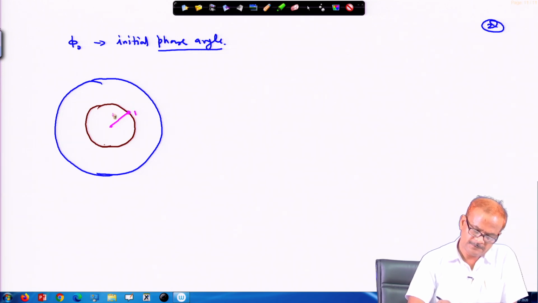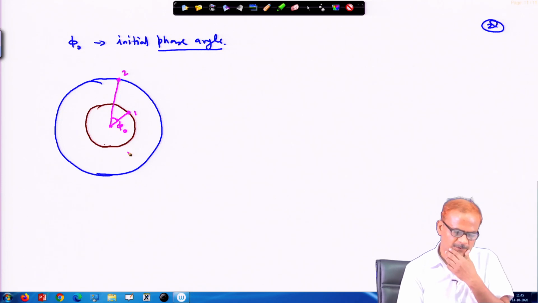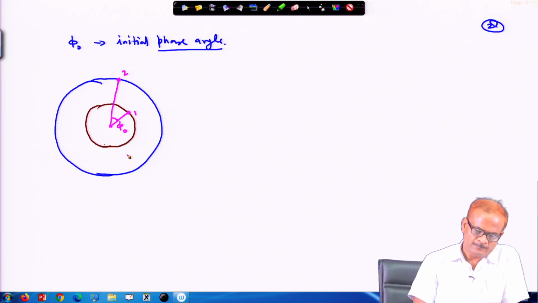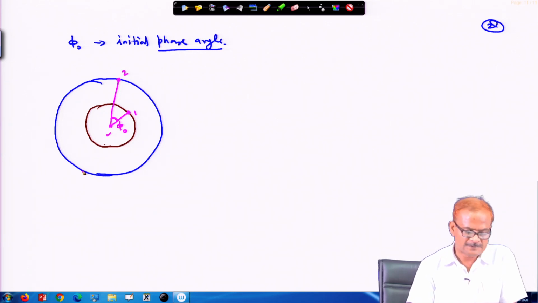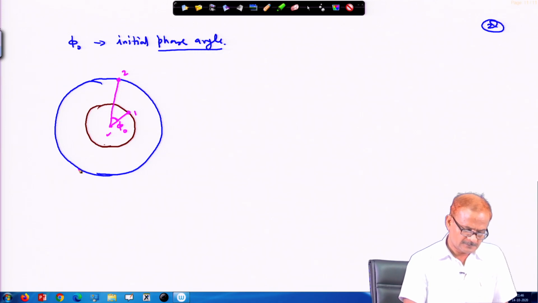This was the position of 1 and this was the position of 2, this angle is your phi 0, the difference between them. So, the question arises, when again will this phase difference between these two appear, because they are moving. So, the phase difference will change. So, when again will the same phase difference appear? So, this is the question.